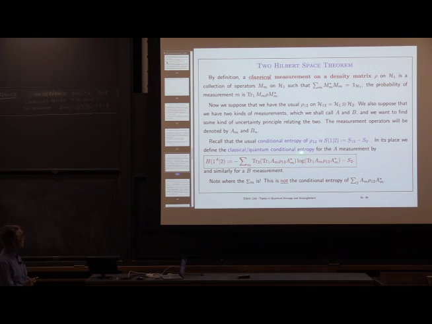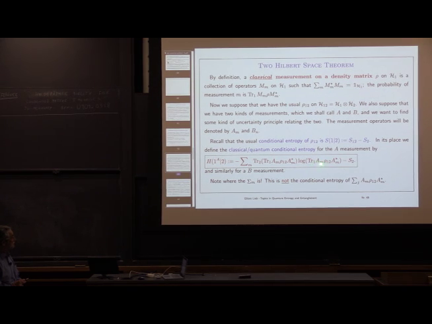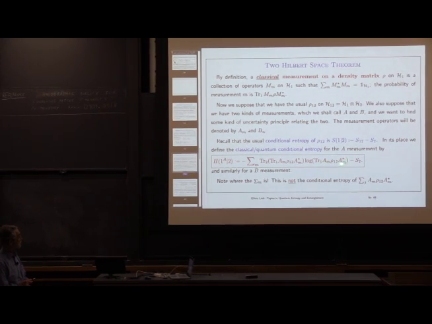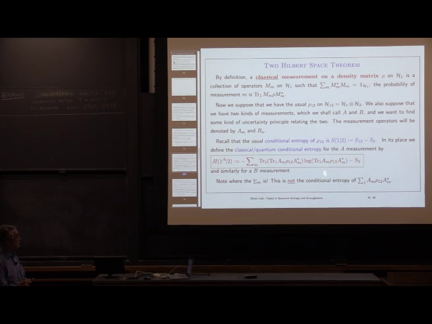So what I'm going to do is look at the A measurement, for example. It's a measuring apparatus. It acts on the first factor. I take the trace of A rho A, which depends now, it's an operator on the second space. I do it here again, and I take this thing log this thing with a minus sign, that's an entropy.